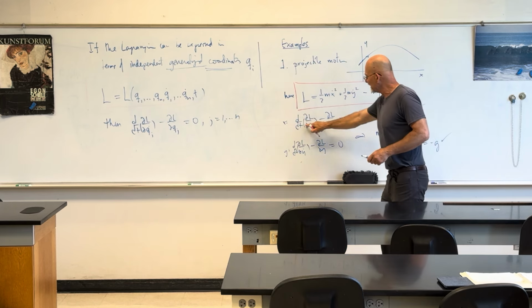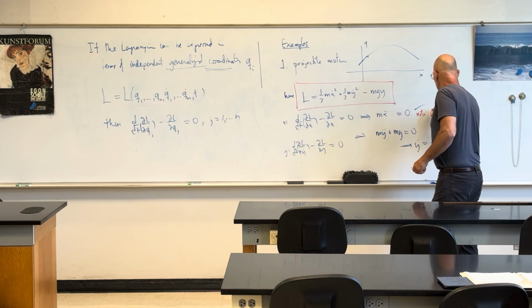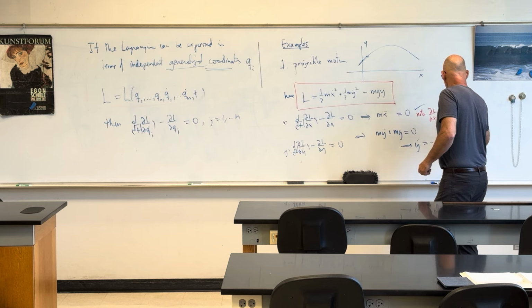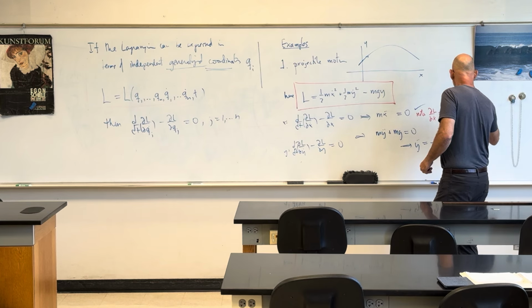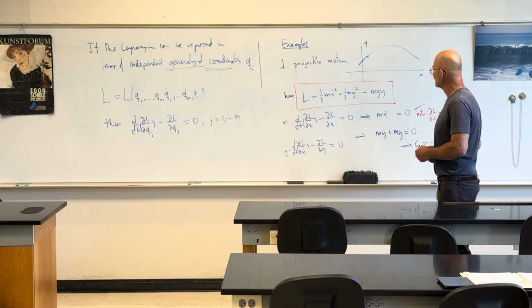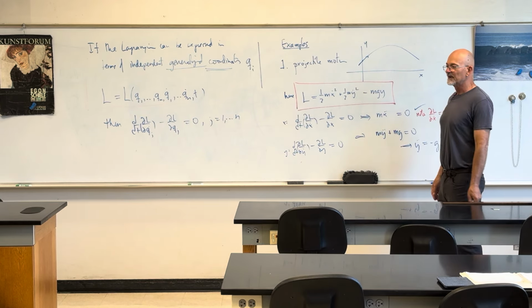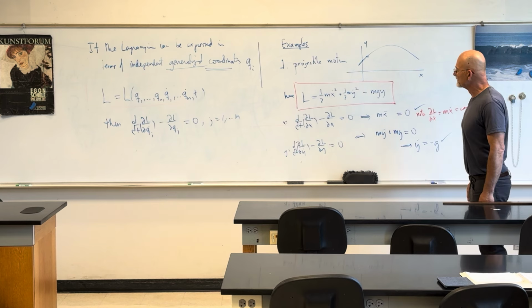Because this was 0, partial L over partial x dot equals m x dot equals constant. Constancy of linear momentum in the x direction. So this one, everything just falls right into our mind. We've studied this one before.